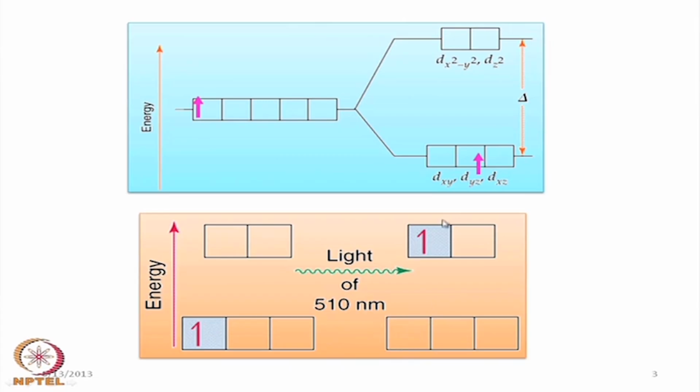The electron can then relax back to the ground state, and again we can push the electron from the lower level to the higher level. This is basically the typical d to d transition, which is formally not allowed. So the crystal field theory can explain to some extent the d-d transition as the origin of the color of different complexes.